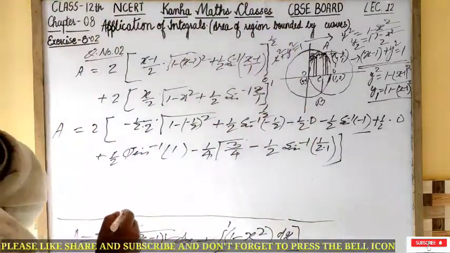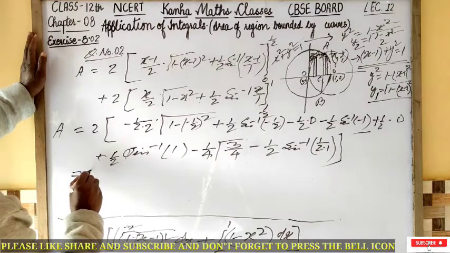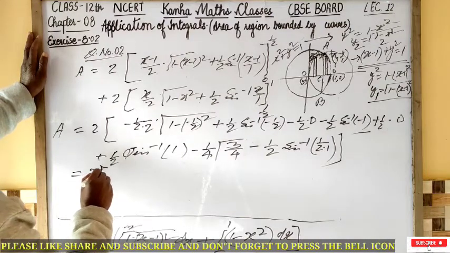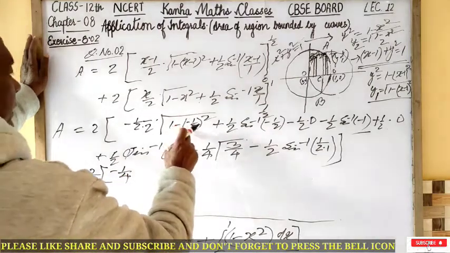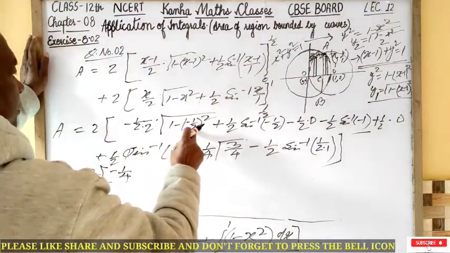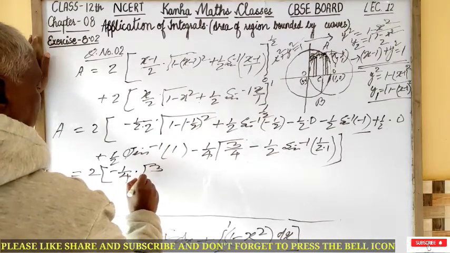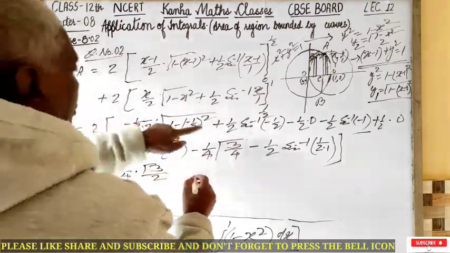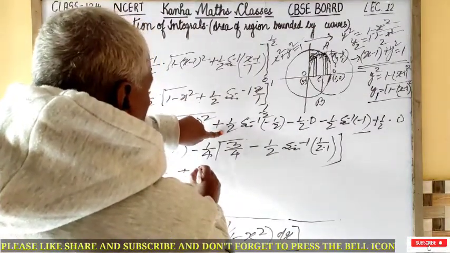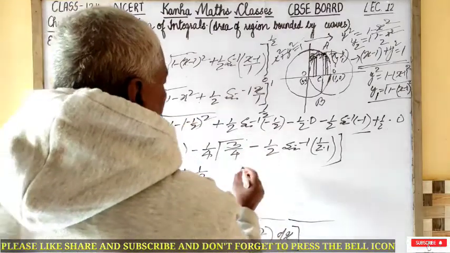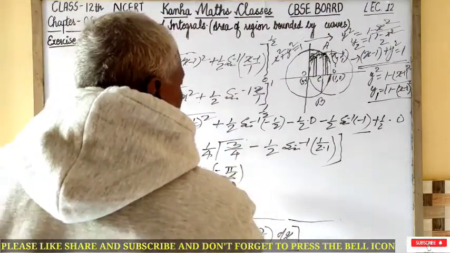Now 2 into minus 1/4, and here will be 1 minus 1/4 means 3/4, which means root 3 by 2, plus 1/2 sine inverse of minus 1/2 means minus pi by 6.